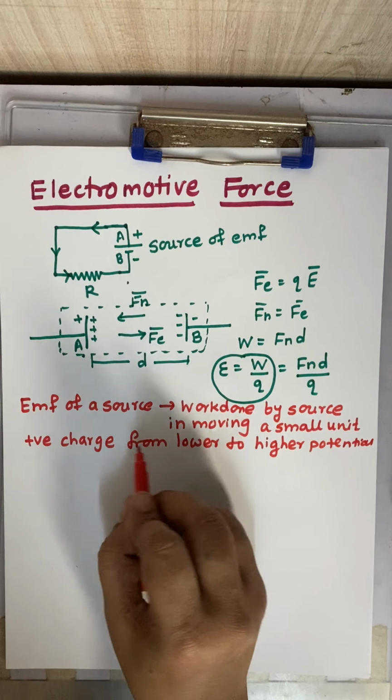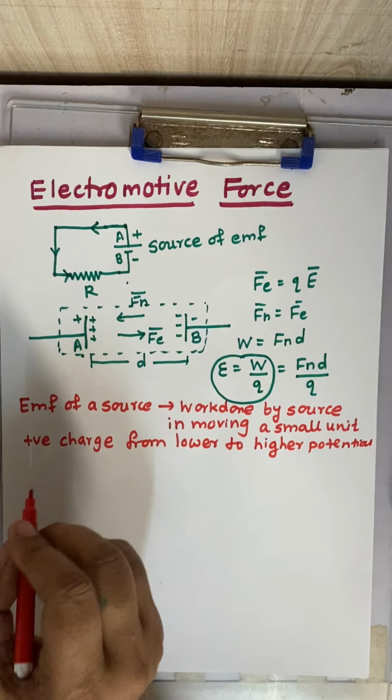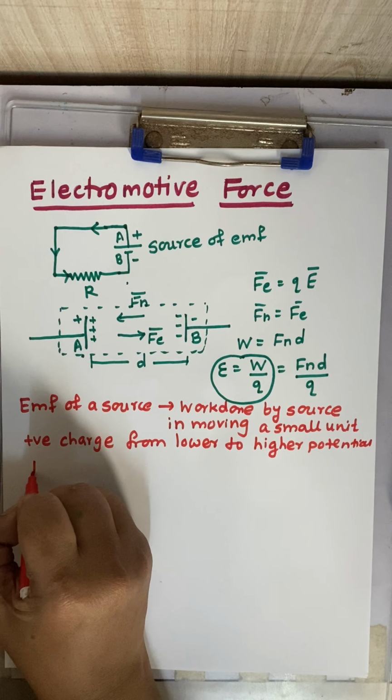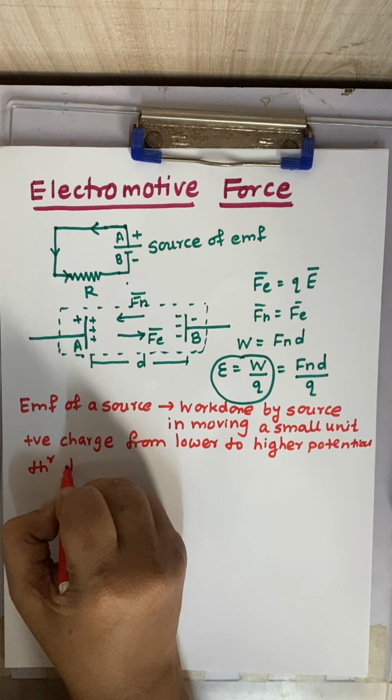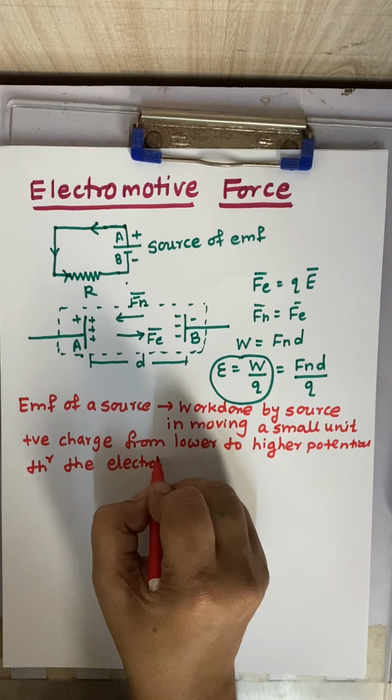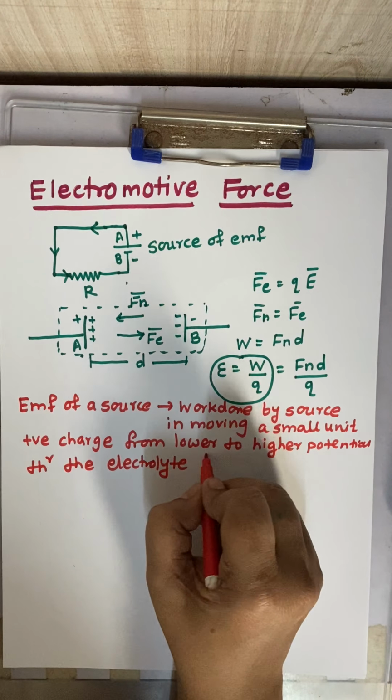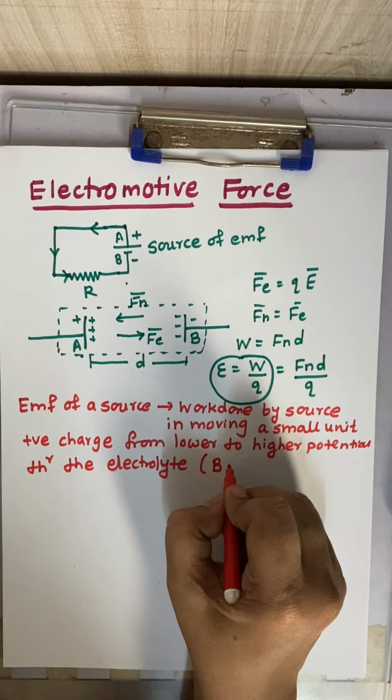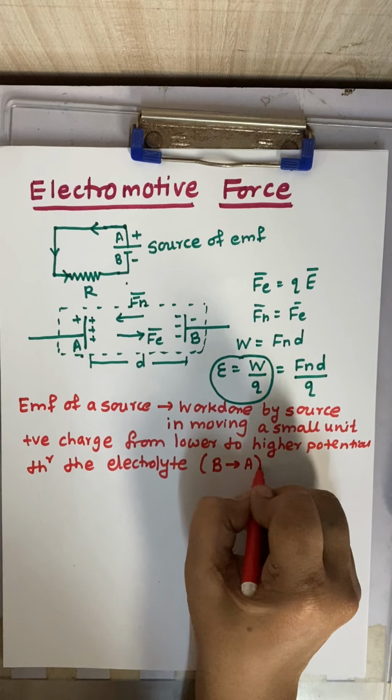And this flow of charge from lower to higher potential is through the electrolyte. In this diagram, it is from B to A.